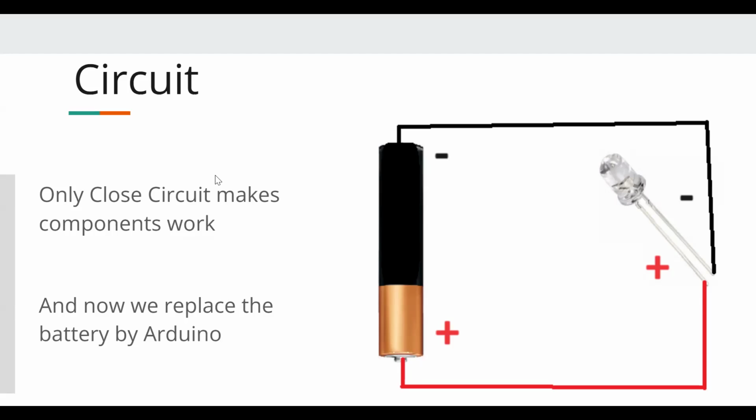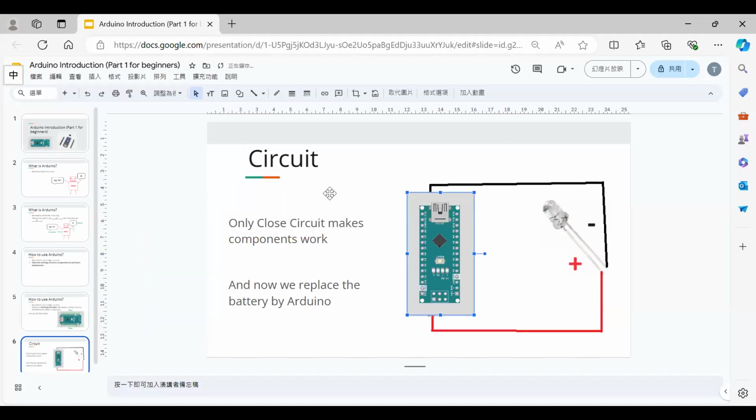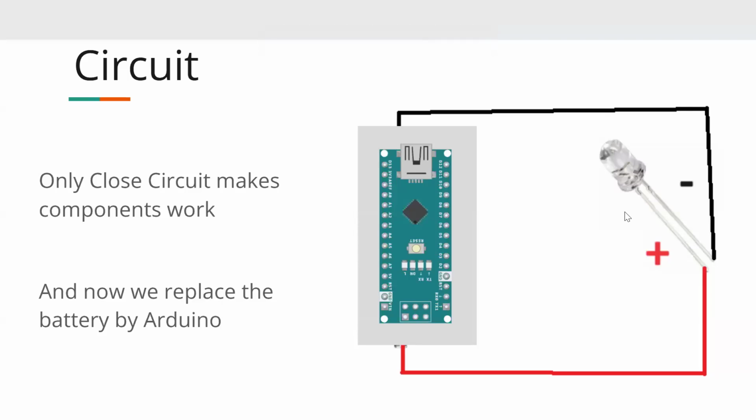We use the Arduino to replace the battery. Then the positive pin of the component should connect to the positive pin of the Arduino, and the negative pin should connect to the negative pin of the Arduino.